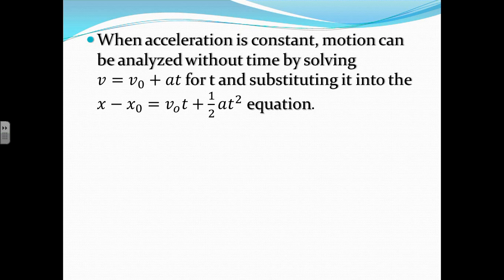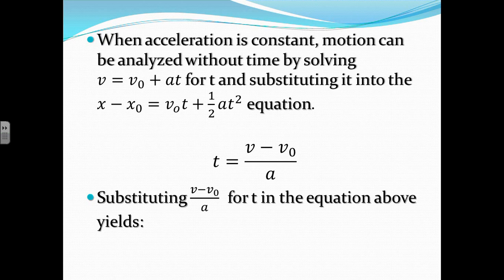By solving the first one for t and substituting it into the second one, we'll have an expression that relates the variables velocity, velocity initial, acceleration, and change in position, where time is not included.